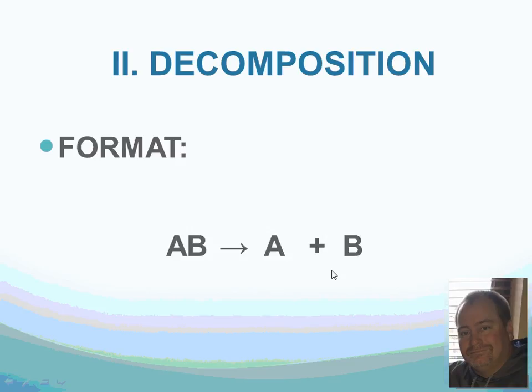I have a compound, in this instance compound AB, and it's breaking down into each of the individual elements, element A and element B. So the general format for a decomposition reaction is AB yields A plus B. Now, how are you going to identify these?